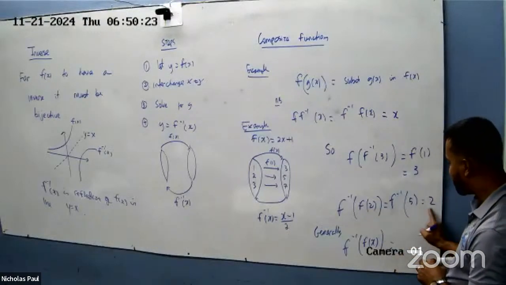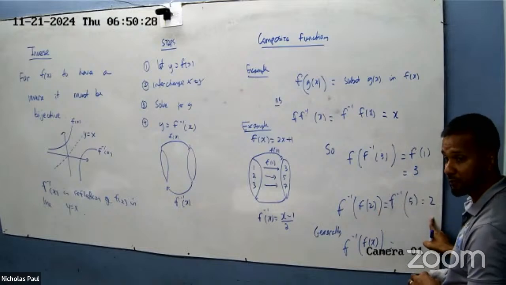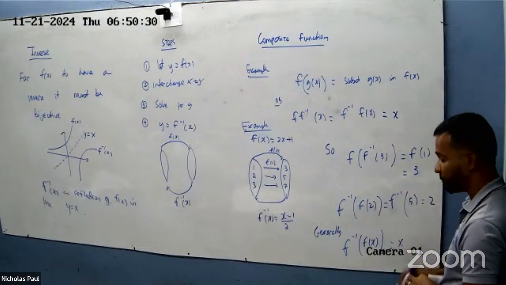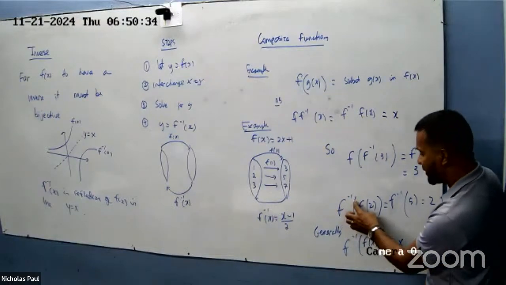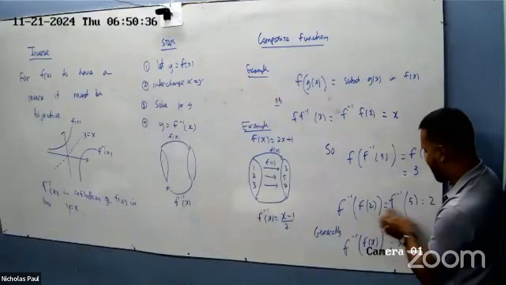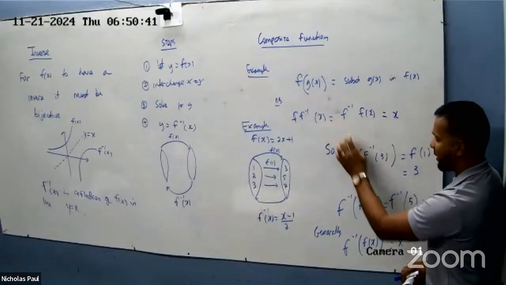Always this x value. So f inverse f of 2 gives me back whatever x is. Regardless of how you have it, you're always getting back x.